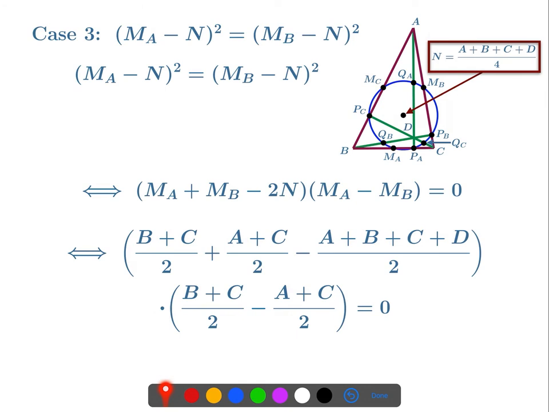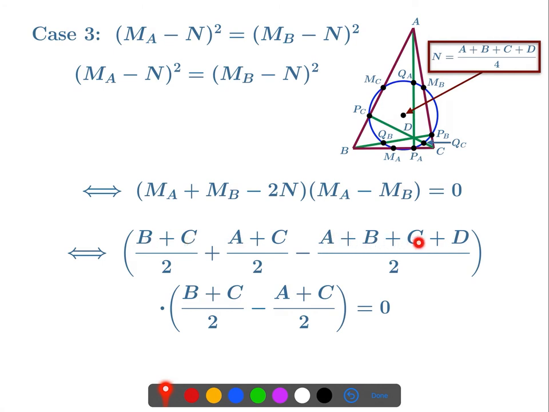Okay, so we can simplify this. Notice we can take out a half from this expression, and we can take out a half from this expression. So that'll give me a fourth when I take out a half from both of these. So imagine the 2's not being here, then I'm just left with b plus c plus a plus c minus all these.